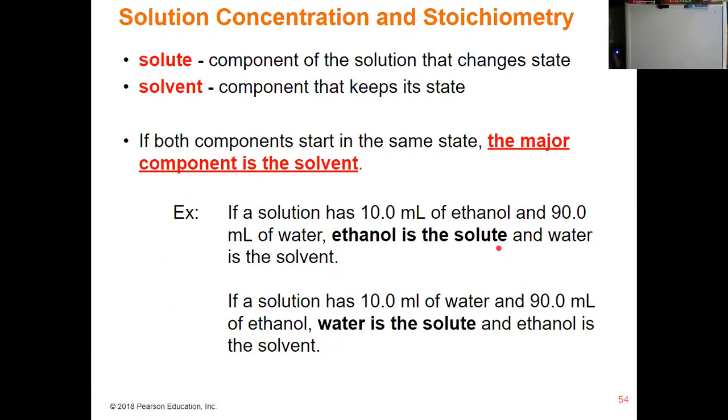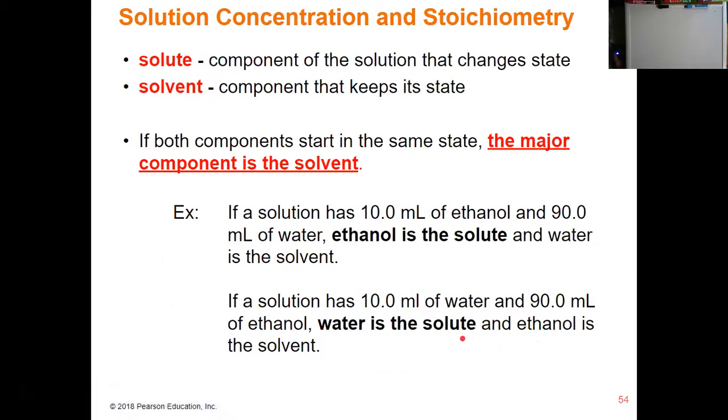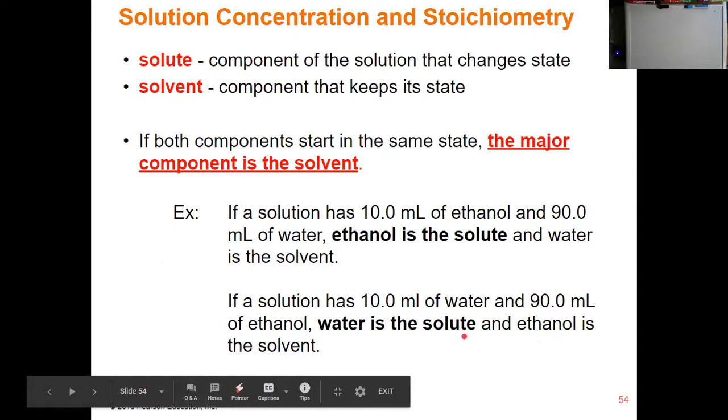Water is the solvent. On the other hand, if I have a different solution with 10 milliliters of water and 90 milliliters of ethanol, in this case, water is the solute and ethanol is the solvent because water is the minor component.